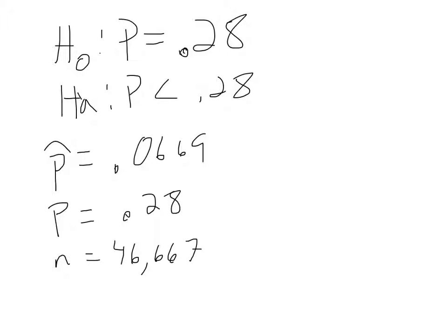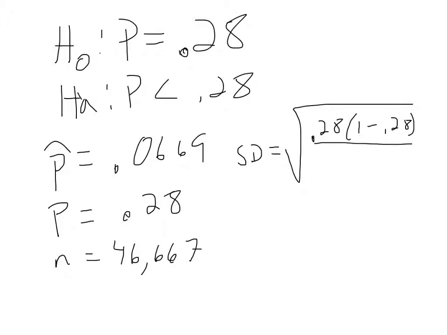Now I've got to come up with a new standard deviation for this, because I'm not doing a sample of 600 anymore. I'm doing a sample of 46,000, considering that whole year a sample. So to get the standard deviation for this, I'm going to have to do the square root of 0.28 times 1 minus 0.28 over 46,667.